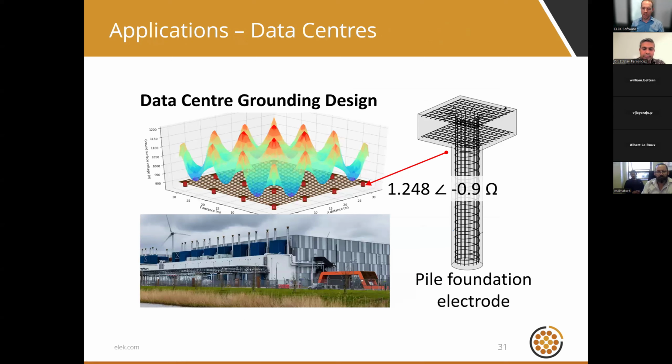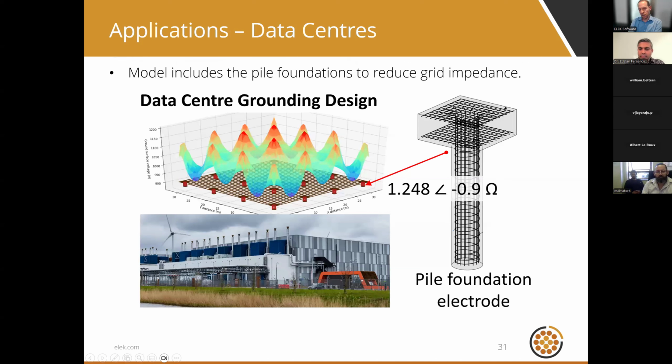Data centers, that's another application of earthing system design. It's very important to provide proper earthing systems for these sorts of installations. So yeah, we can model the reinforcement, the foundations. If these are properly earthed or combined with the earthing system, then we can consider that as a combined earthing system, and we can determine the performance from there.